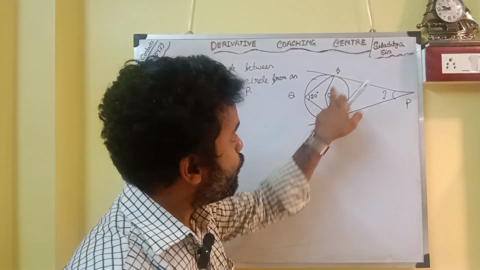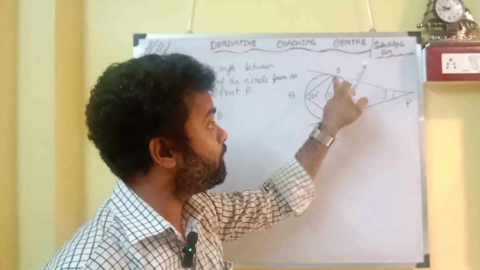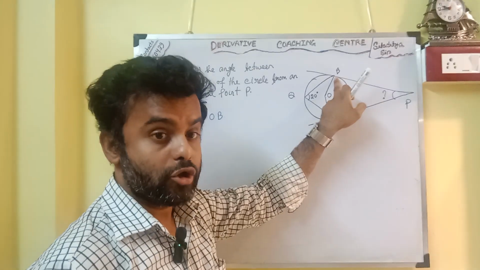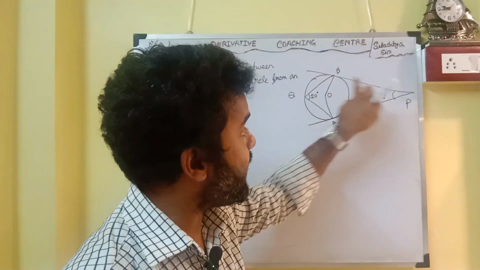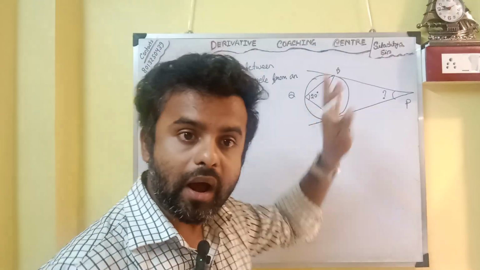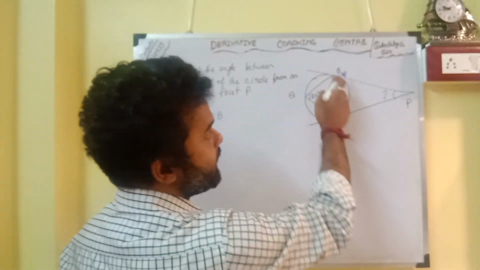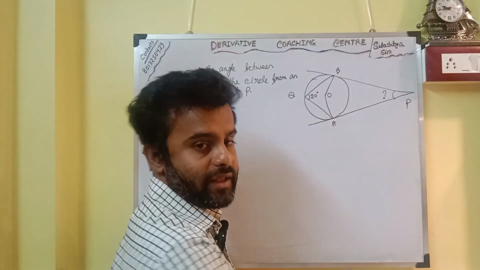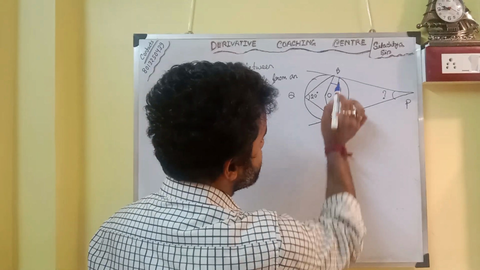OB is the radius and PB is the tangent at the point B. You already know the radius and the tangent at the point of contact are always perpendicular. That means at the point B is the radius, at the same point B, PB is the tangent, so this angle is always a right angle, and this is the theorem.